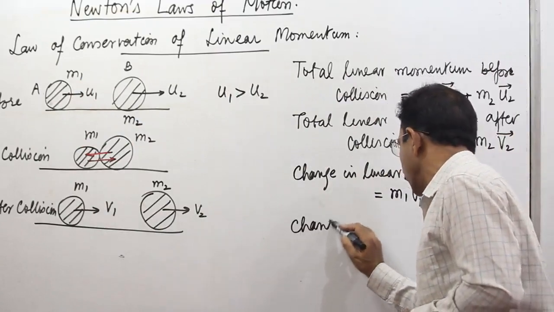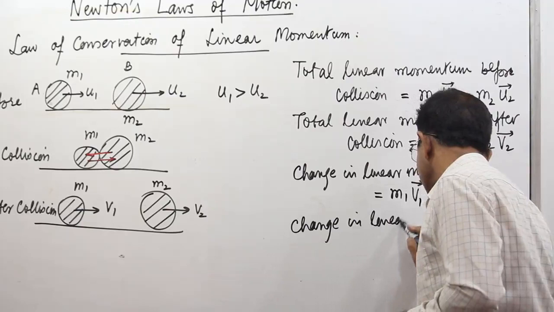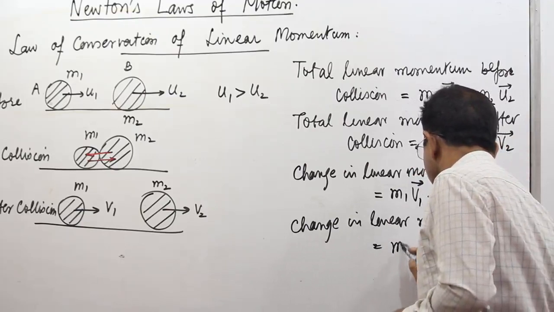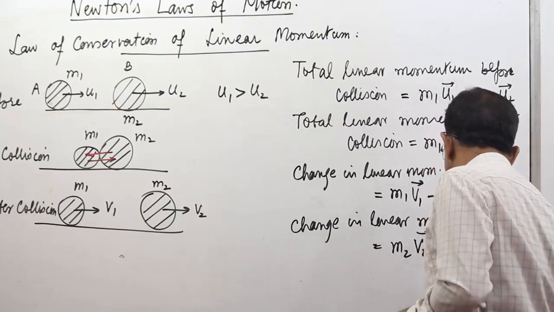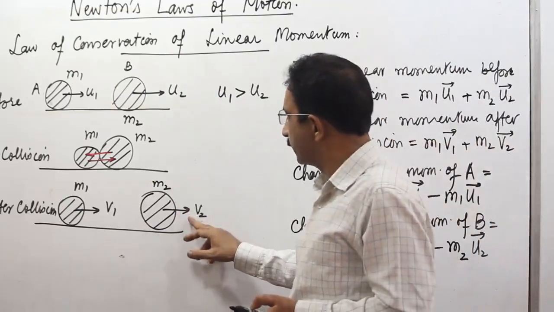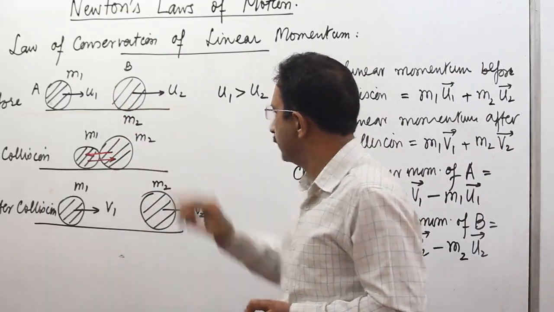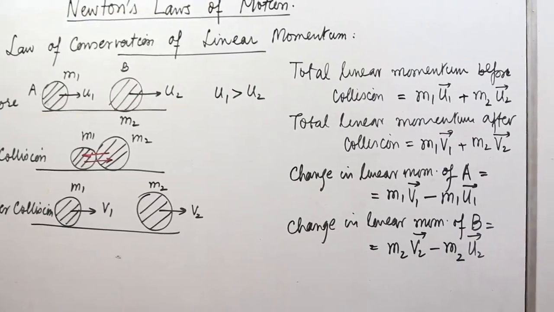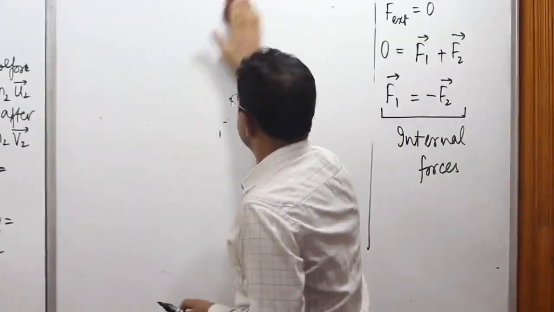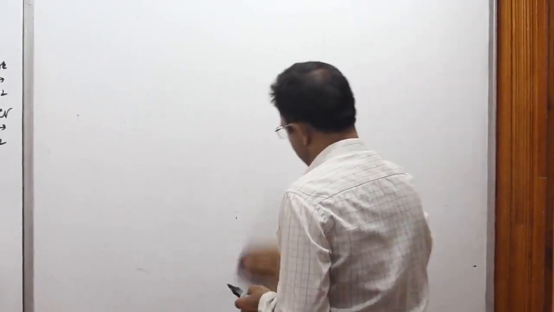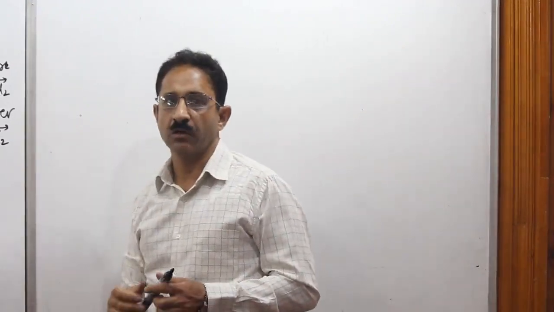Similarly, we can talk about the change in linear momentum of body B. It will be equal to m2 v2 minus m2 u2. Again, m2 v2 is its final linear momentum, m2 u2 is its initial linear momentum. The difference of these two gives us the change in its linear momentum over a period of time. Now this change in linear momentum, as far as Newton's second law is concerned, has to be attributed to some action of force.